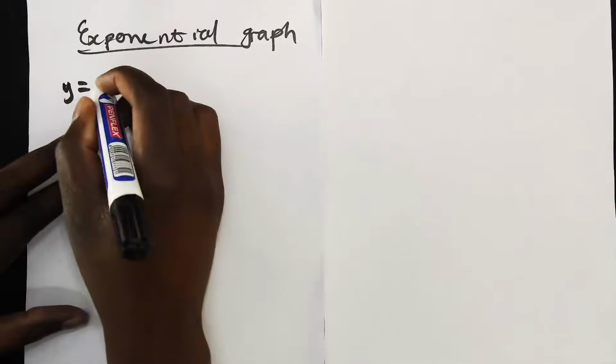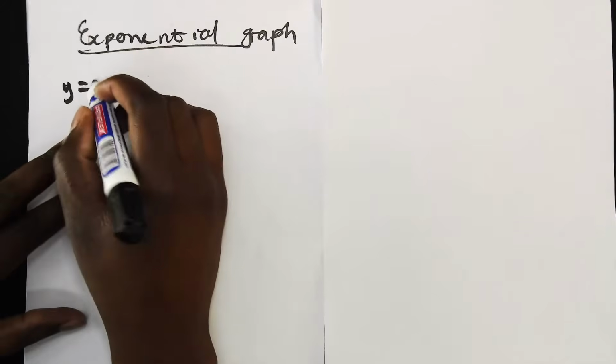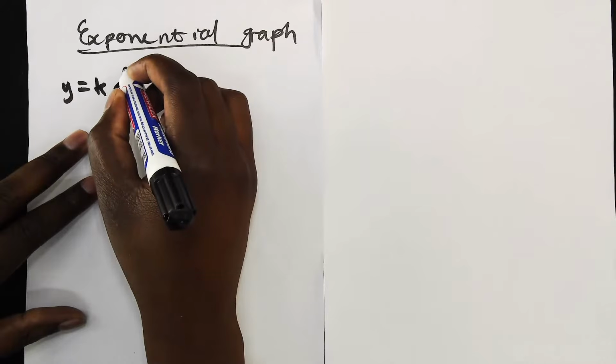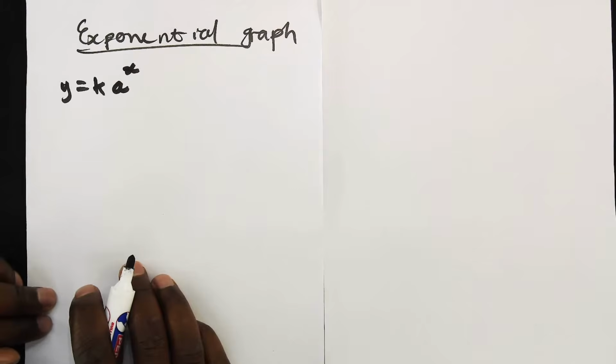Okay, yeah, I think we can continue now with the exponential graph. So I want to take, let's say, y or f of x equals, we can put a constant k, times a to the power of x.